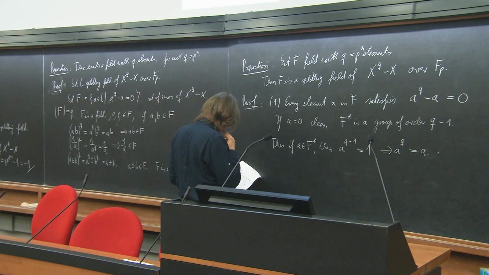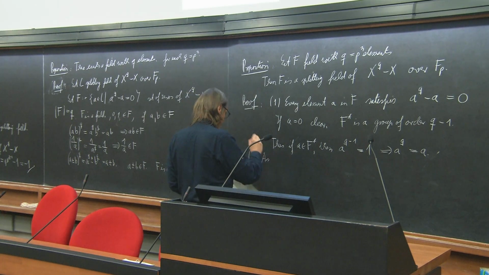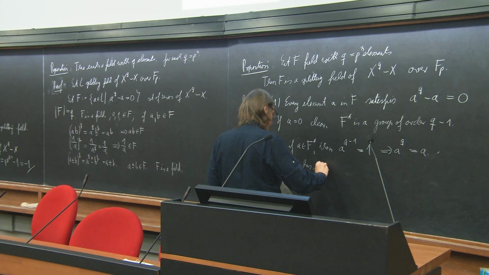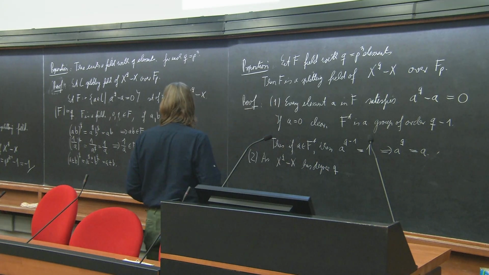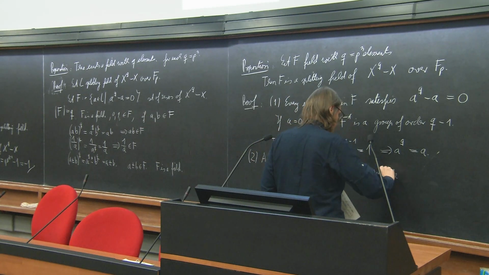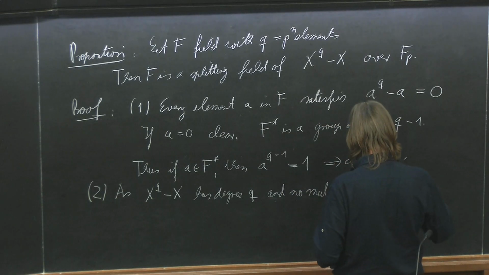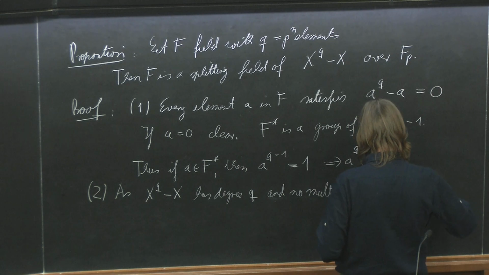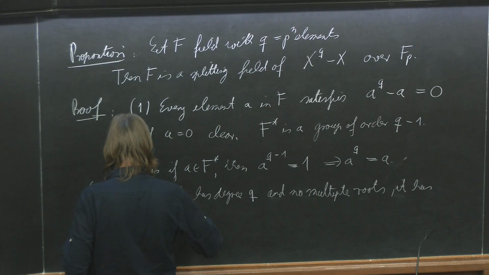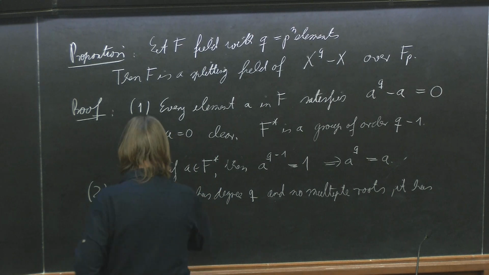And conversely, to see that it's actually the splitting field, note that x to the q minus x has degree q, and we also know it has no multiple roots, because of the previous lemma. So it has q distinct roots in F.